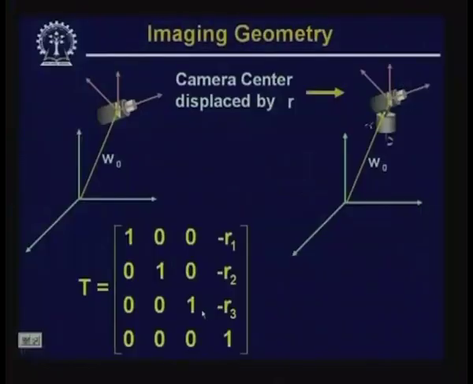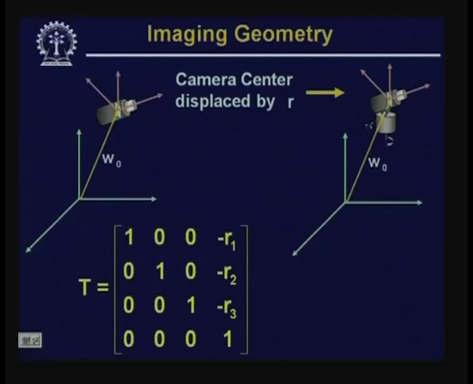Then the final transformation that we have to give to the camera center, or the center of the imaging plane, is from the gimbal center by a vector r, and this vector r has the components r1, r2 and r3 along x, y and z directions.